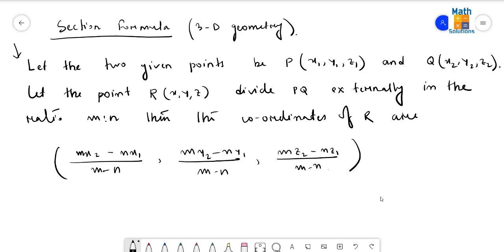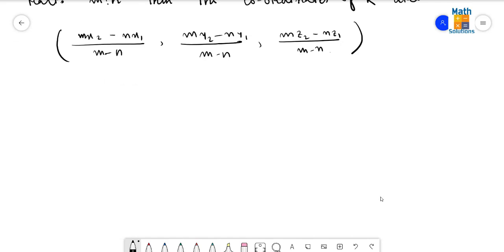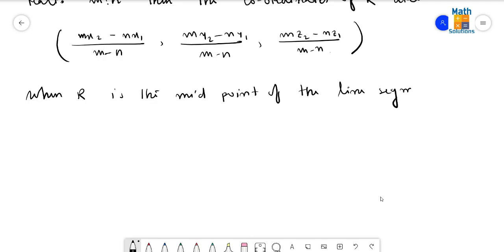So in this case, if R is acting as a midpoint, when R is the midpoint of the line segment PQ, then we get what?